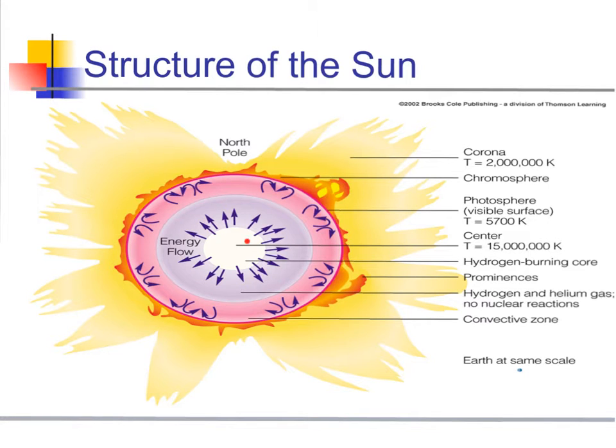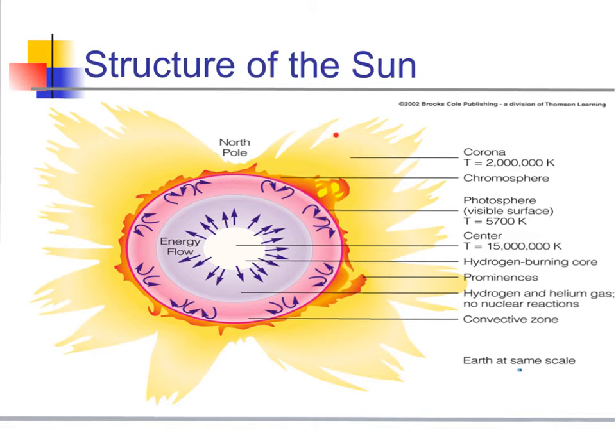The core is the hottest part of the sun. The core is about 15 million degrees Celsius, 15 million, whereas the corona is only about 2 million degrees Celsius. So we certainly can't bring any sort of man-made objects nearby because it would immediately catch on fire.